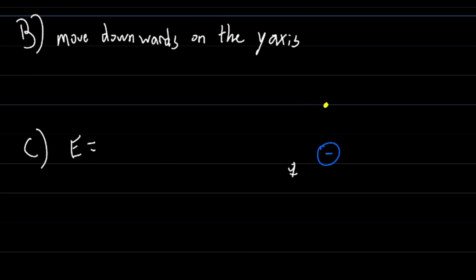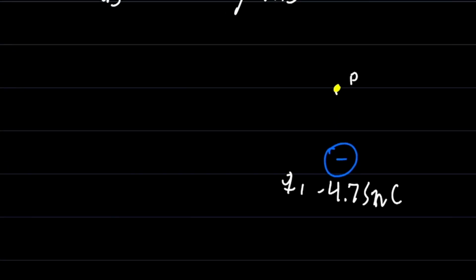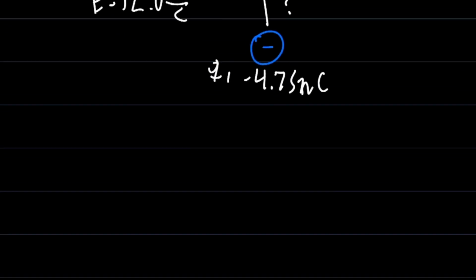Q1 is equal to negative 4.75 nanocoulombs, and this is P. So now we need to find the distance, where we don't know, but we do know that the magnitude is equal to 12.0, and include the SI unit.